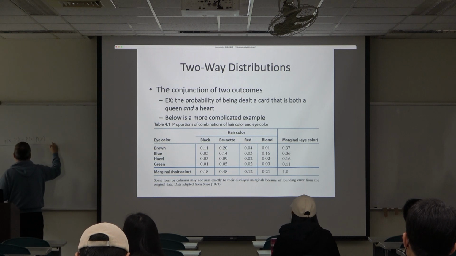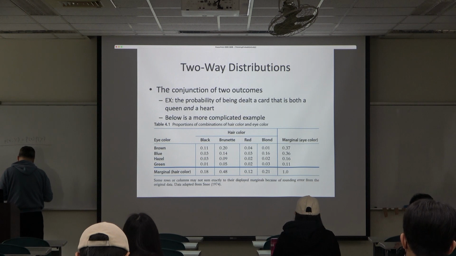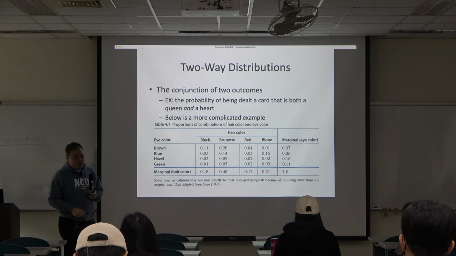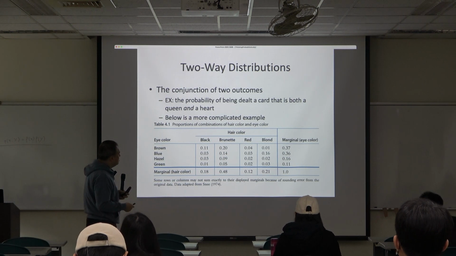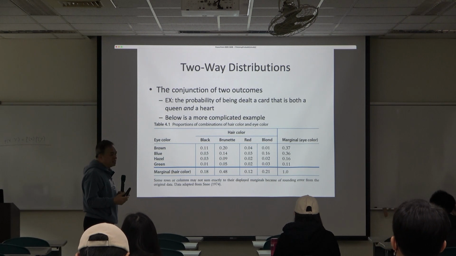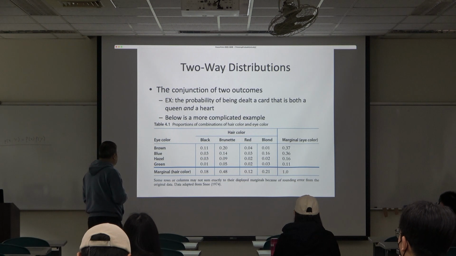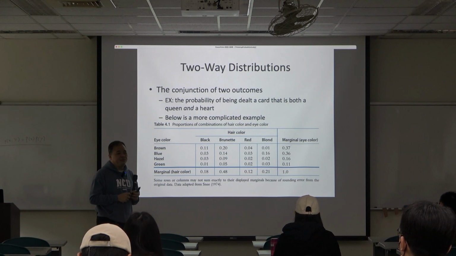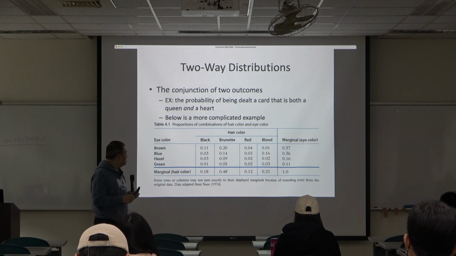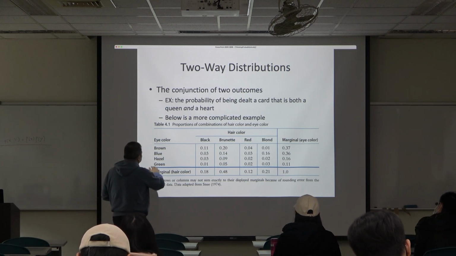If you have that, it tells you that x and y are independent. If you want to say they are not independent, then you only need to give me one example where the joint probability of x and y is not the multiplication of them. For example, because we are Asian people, we have brown eye, black hair.